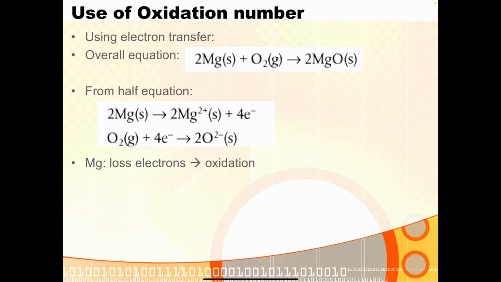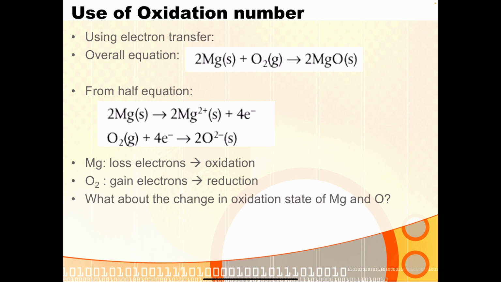So magnesium is going through oxidation, because it is losing electrons. The definition of oxidation, according to loss and gain of electrons, is when an element or a compound, usually an element, loses an electron, then oxidation takes place. And oxygen is gaining electrons, going from O2 to O2 minus, so reduction is taking place because gain of electrons takes place. So what is reduction? When an element gains electrons.